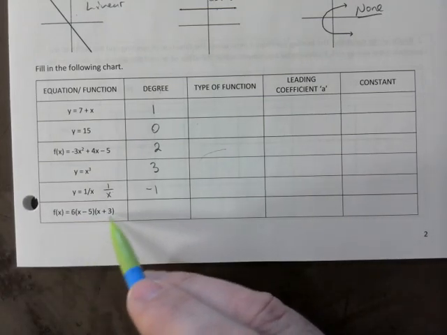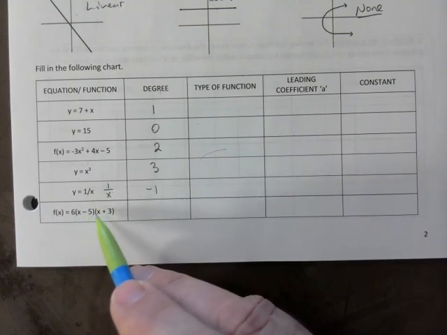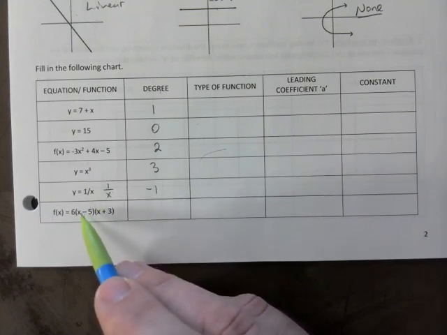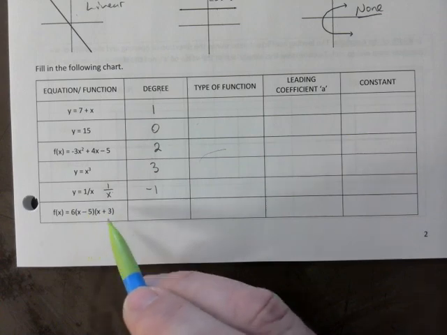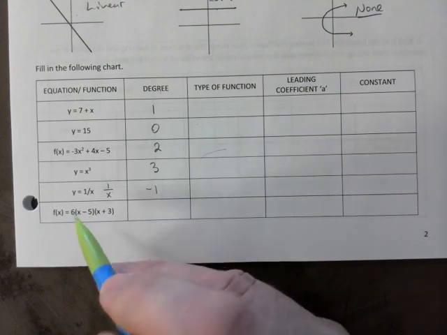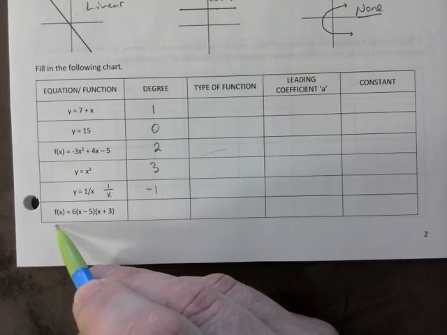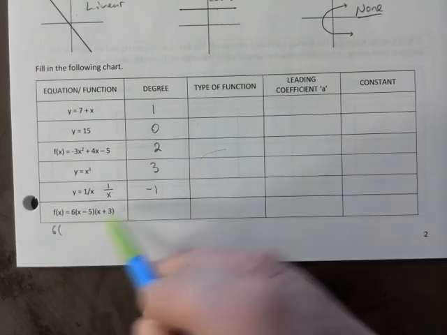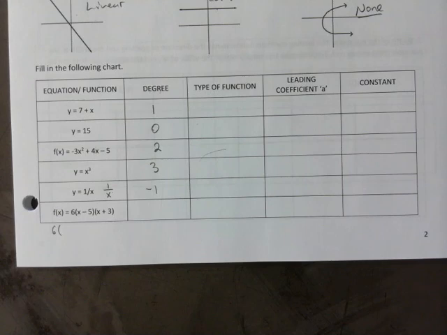Sure. This one? You think it's 1, right? But remember foiling this out, you get an x squared out of that one. So here's just a little, can you foil that out? I need to drink water again. Do you remember how to do that?